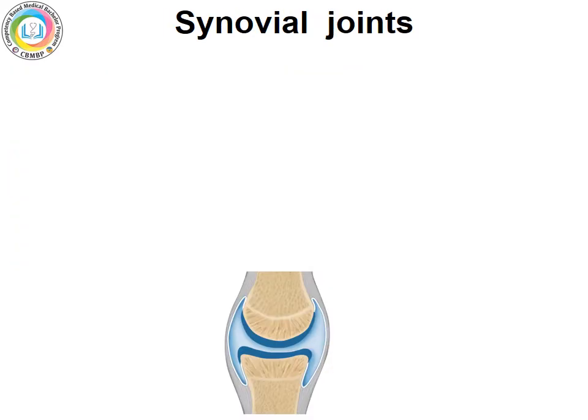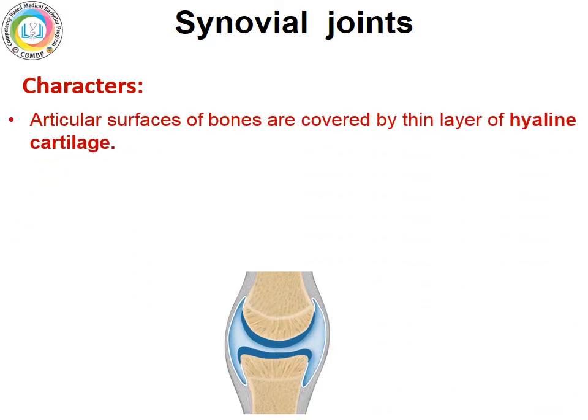The third type of joints is the synovial. Now let us enumerate the characters of synovial joints. First, number one, articular surfaces of the bones are covered by a thin layer of hyaline cartilage called articular cartilage.